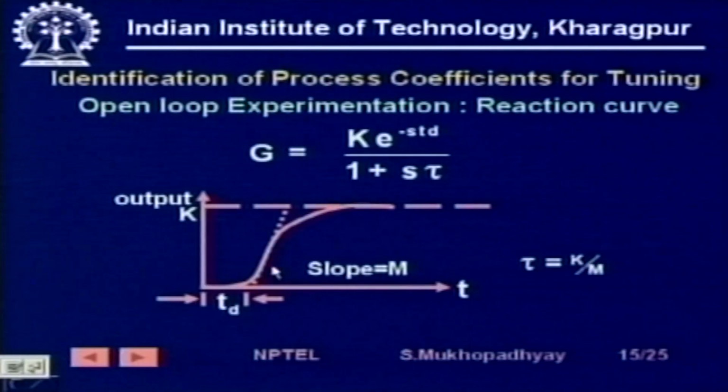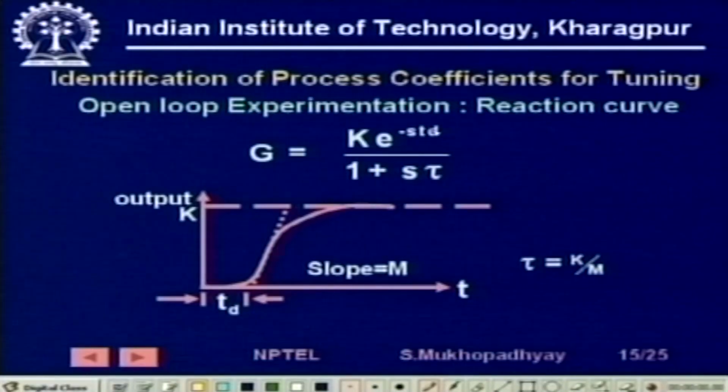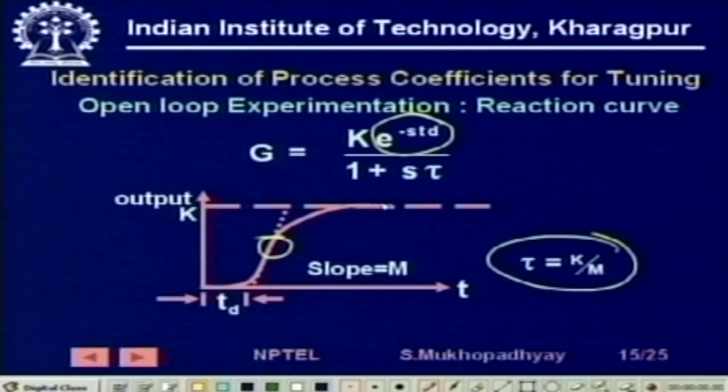Now numerically you find that if you consider the step response of this model, it will rise after a time Td because of the e to the power minus s Td term, and then it will rise just like a first order system, k by 1 plus s tau. So the slope of this line is m equal to k by tau, or rather tau is equal to k by m.